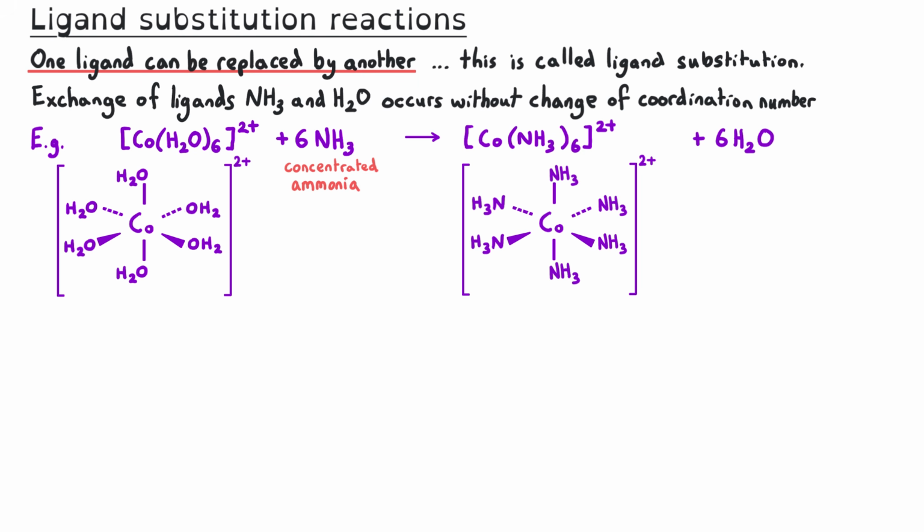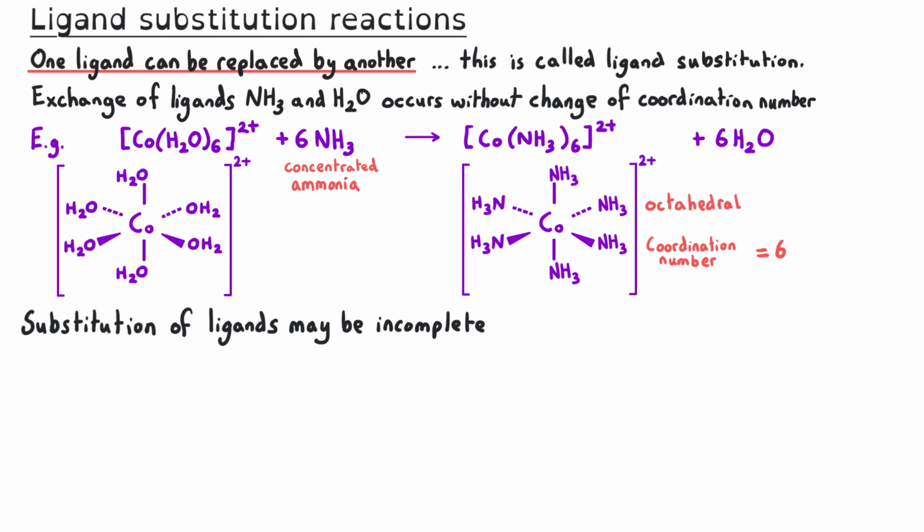And so we end up with a new complex, which is still octahedral, still got 6 ligands attached to the central cobalt, but now we've got 6 water molecules that have been removed from that complex and replaced by ammonia.